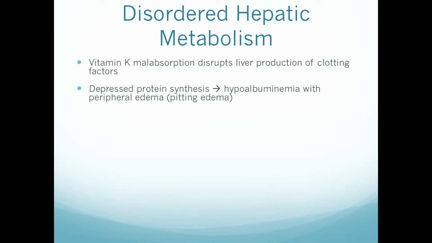We also refer to this as pitting edema because when you put your finger into somewhere, usually around the ankles, it leaves a pit. And then there's a rebound of that skin, which takes a couple of seconds to bounce up. And then the number of seconds it takes is the grade that you give that pitting edema. So maybe it's +2 pitting edema, +4 pitting edema. So when there's depressed protein synthesis, you start to see pitting edema. So that's a sign that something could be going on with the liver.